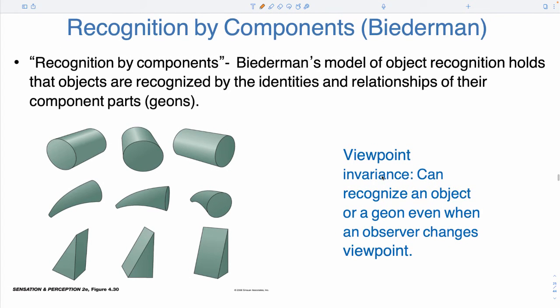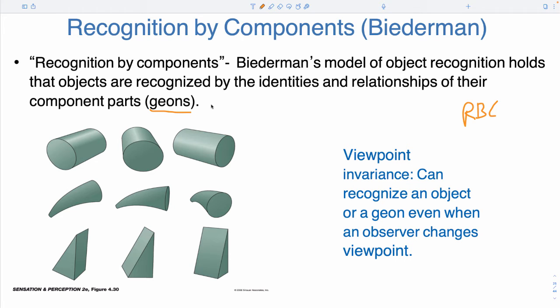And so to deal with that complexity, Biederman developed this recognition by components theory, sometimes abbreviated RBC. And the idea is that we recognize objects by the component parts that form their shapes. And these component parts are called geons.